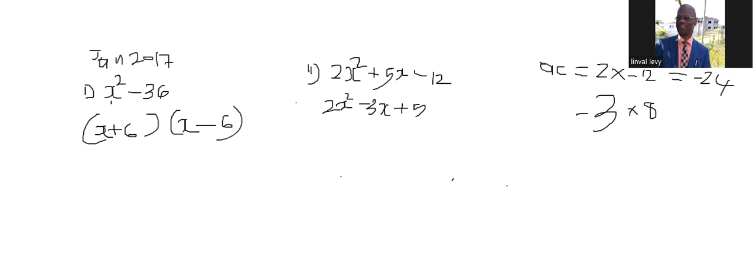Let me erase that 5x, because we're replacing 5x with negative 3 and 8. Right? So it will be plus 8x minus 12.